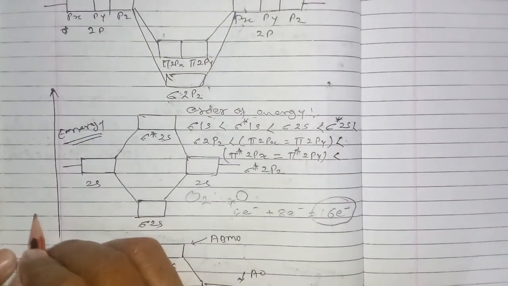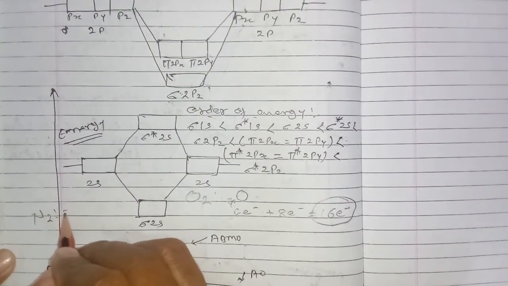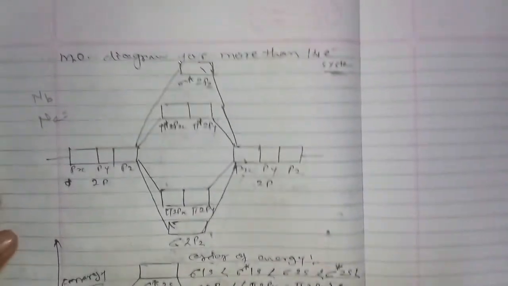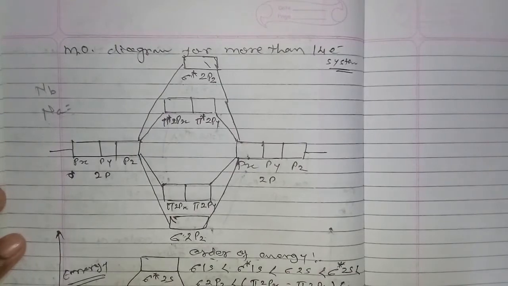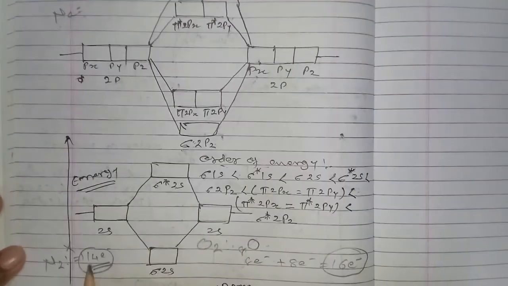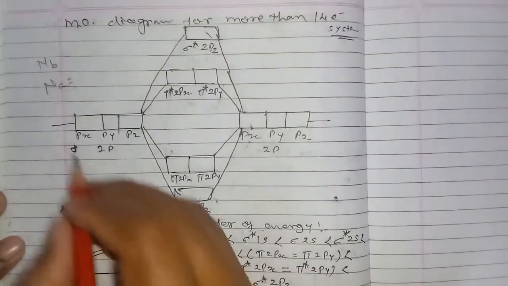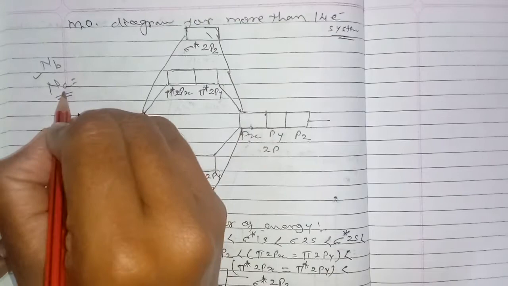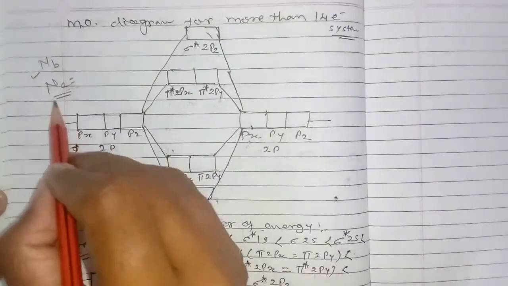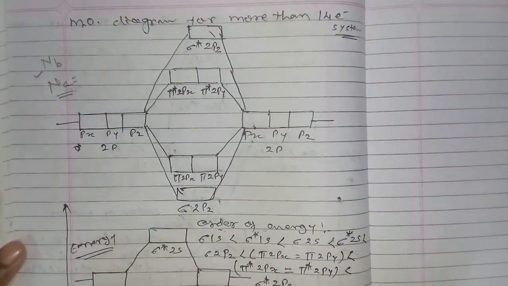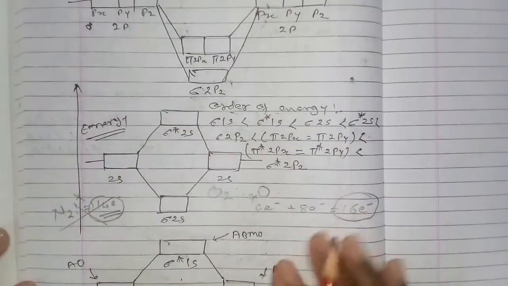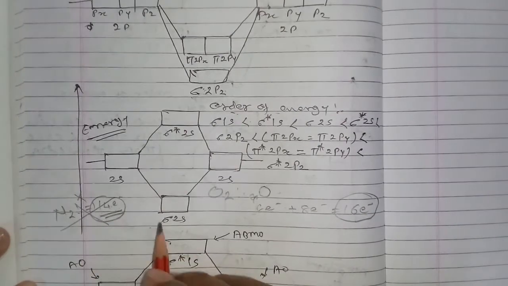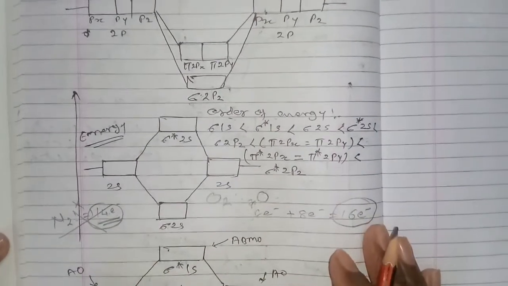For the nitrogen molecule, with 14 electrons, this diagram would not help us; it is not for 14 electrons or fewer.